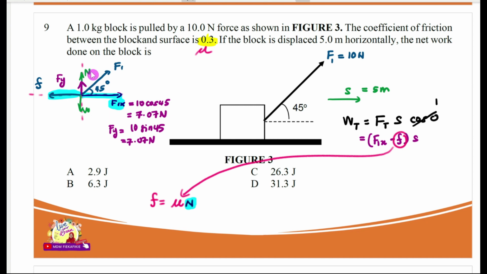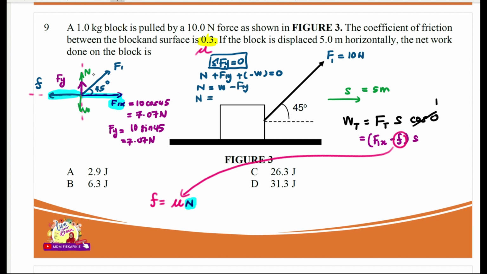The way is we calculate the total Fy first. Okay, I write it here. Total Fy equal to 0. So normal force N upward plus F1Y upward plus negative W downward. N is equal to W minus F1Y.